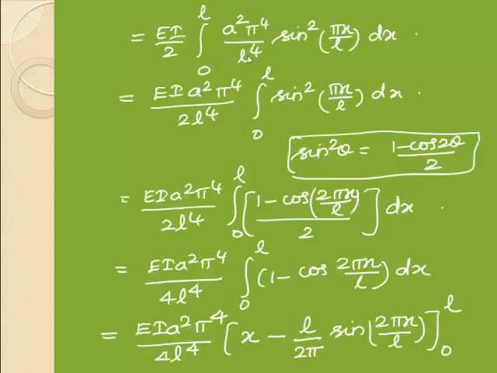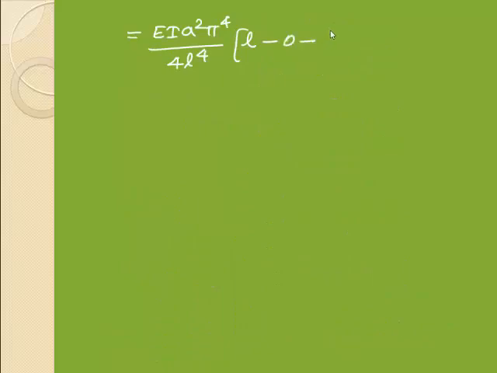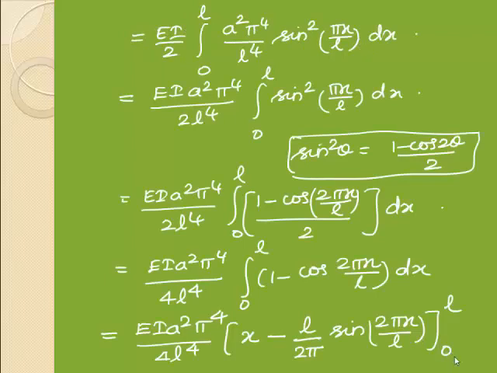EI a square pi power 4 divided by 4 L power 4 into, while applying the upper limit, for x that is L, minus sin 2 pi L by L, that is sin 2 pi, so that value will be 0, minus, by applying the lower limit. So for the second term, while we are applying the lower limit, the value will be sin 0, 0.